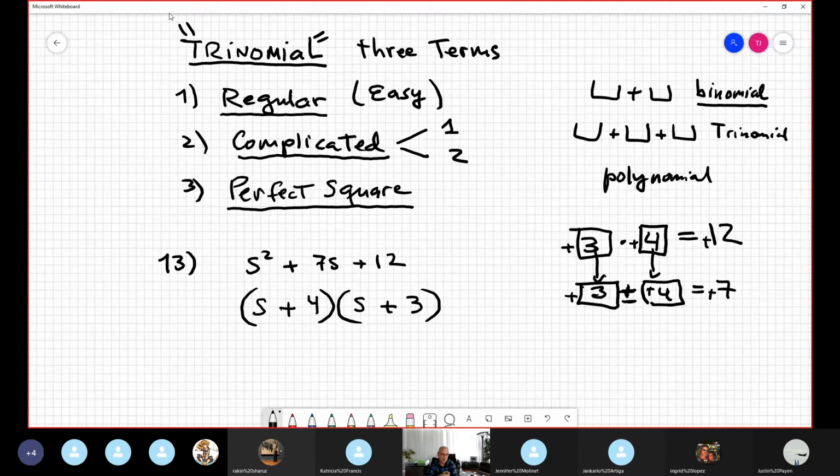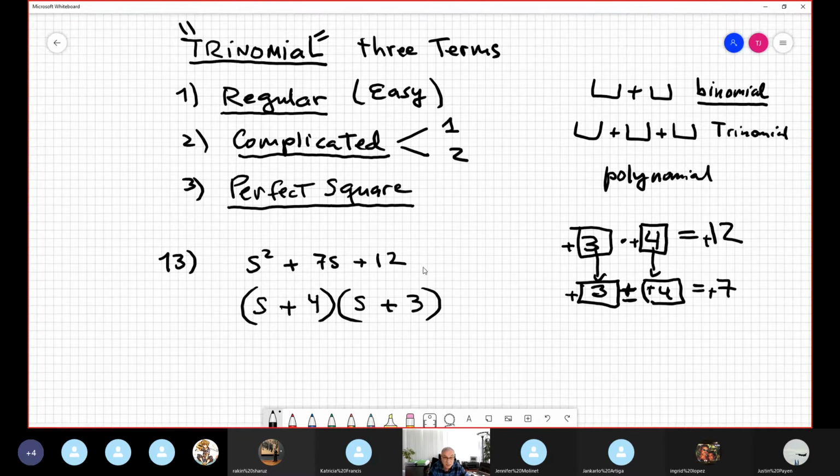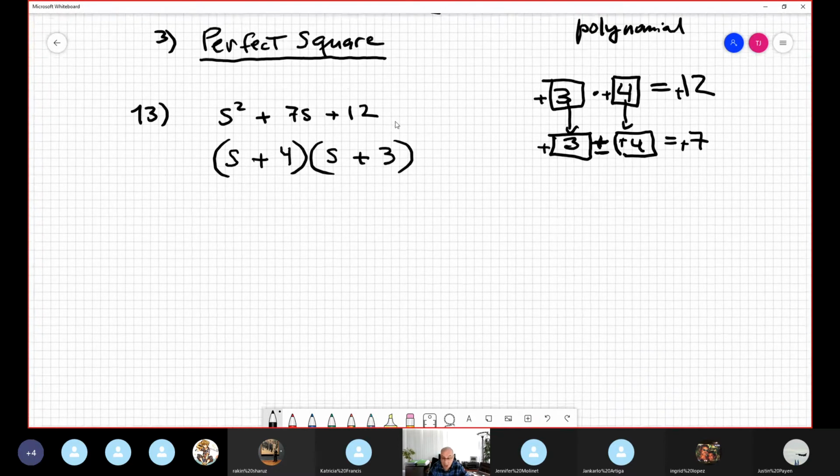After, I want to explain another way to visualize this, because the analysis of the signs is a little bit complicated. Let me verify that what we are doing so far is correct. How do you check, how do you double check? Well, you do it backward. What is backward? FOIL.